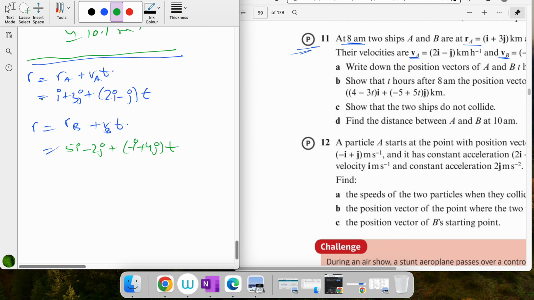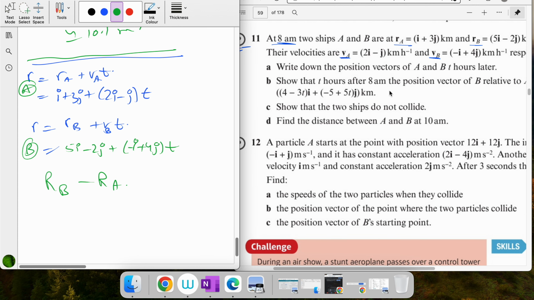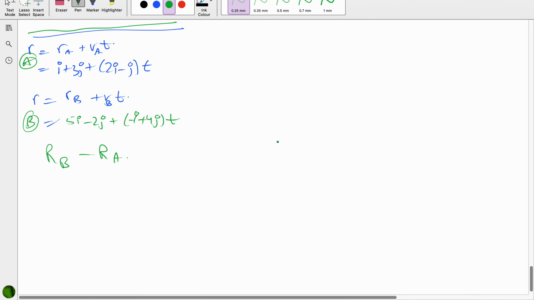This is A, this is B. We subtract the position vector of A from the position vector of B. So we just copy this down.